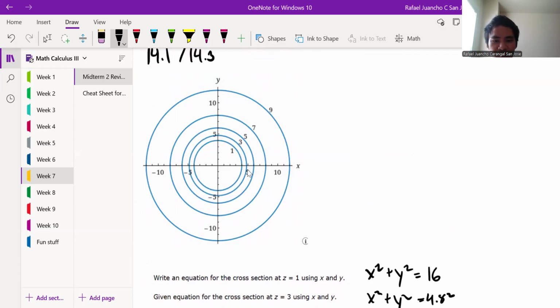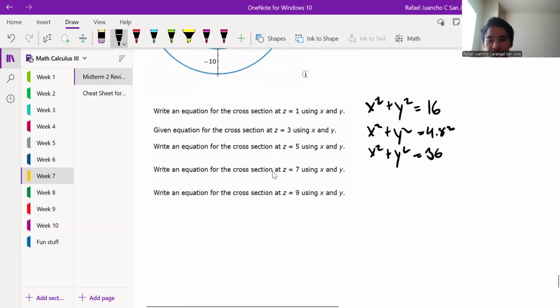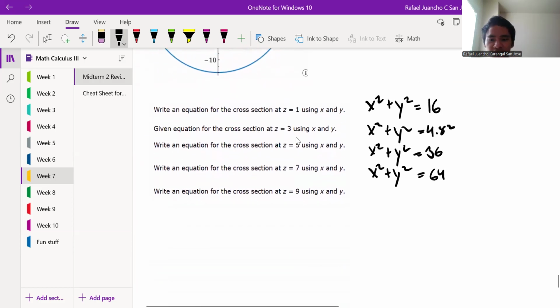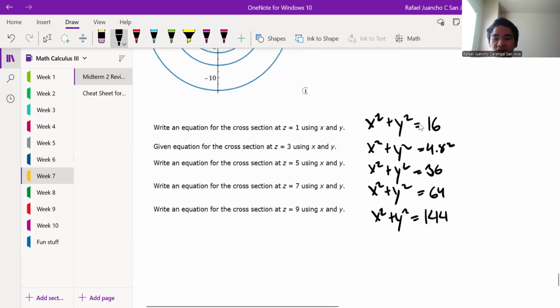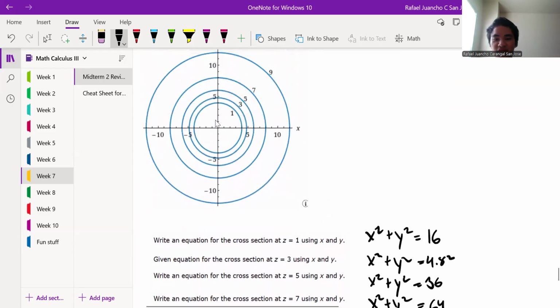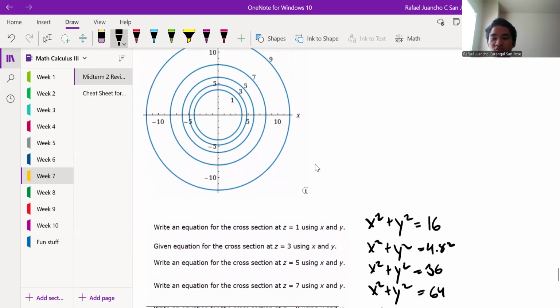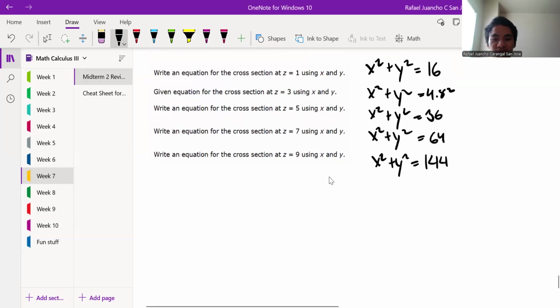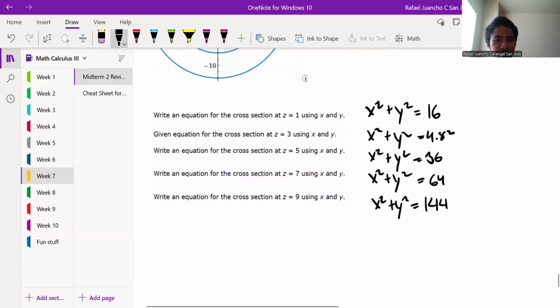When z equals 7, this is x squared plus y squared equals 64. And then when z equals 9, that's just 144 equals x squared plus y squared. So it's basically just finding, at some level z, what's the equation of the curve in terms of x and y. That's the basic idea of it.